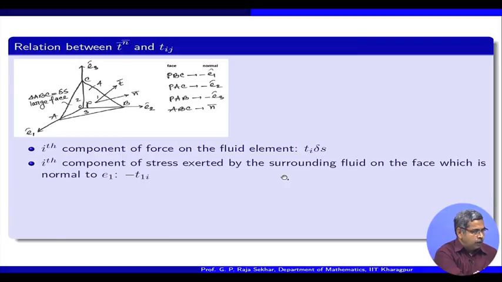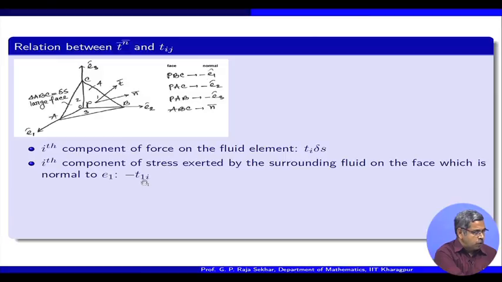Then the ith component of stress exerted by the surrounding fluid on the face which is normal to E1. What is the face normal to E1? That is PBC. What will be the ith component of the corresponding stress? PBC has normal minus E1, as we indicated earlier.